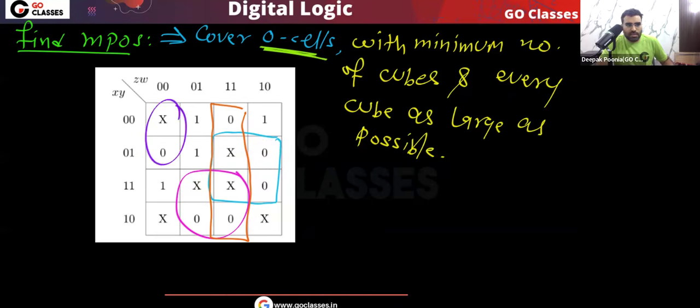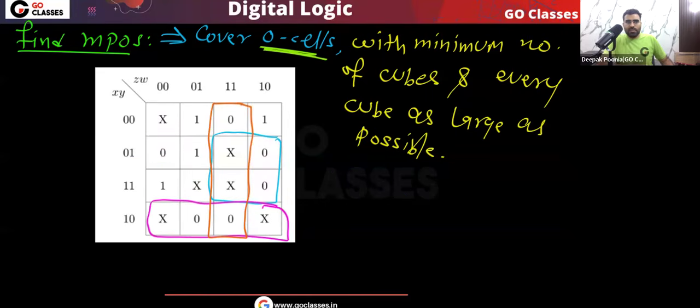So you can see here I got minimal POS 1. This will give me minimal POS 1, and this will give me minimal POS 2. Okay, now let's see what other minimal POS I will get. Here you can see this zero I did not cover.